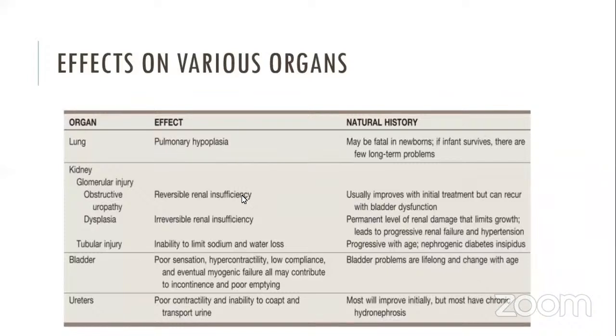In tubular injuries, there is inability to limit sodium and water loss. In the bladder, there will be poor sensation, hypercontractility and low compliance, which lead to incontinence and poor emptying. And in the ureter, there is inability to adapt and transport urine, which will cause renal dysfunction.